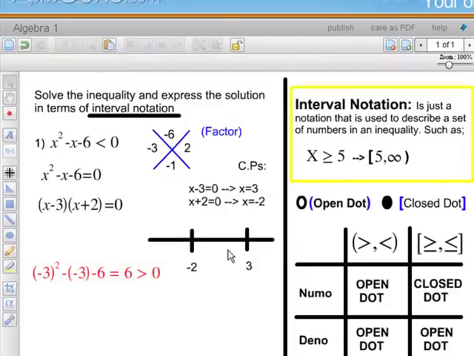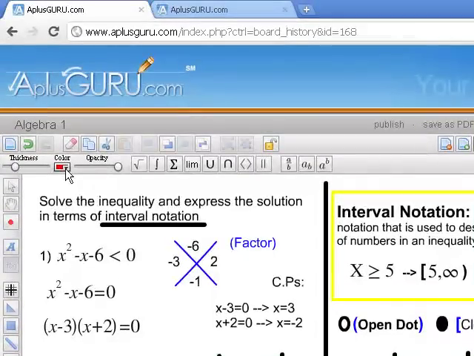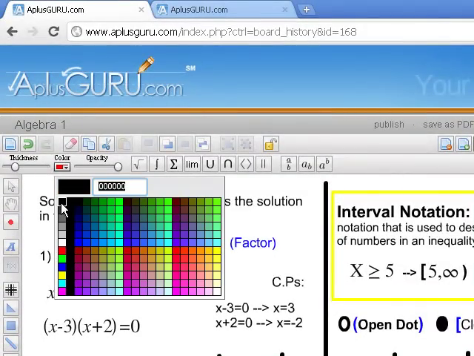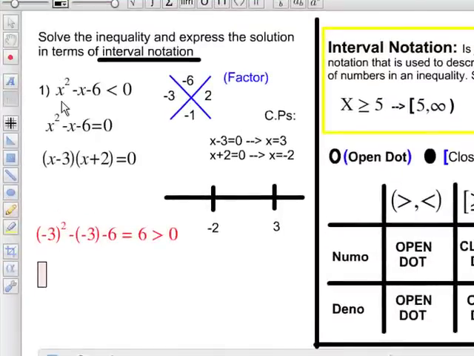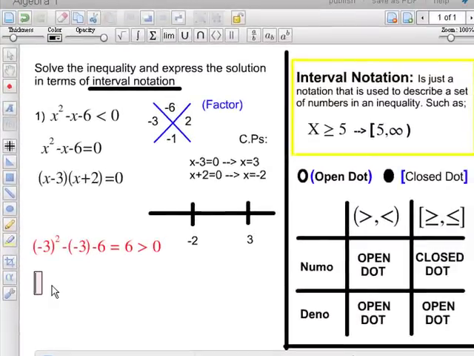Let's pick a number between negative 2 and 3. The easiest number to pick would be 0. We plug it in for x: 0 squared minus 0 minus 6 gives us negative 6.